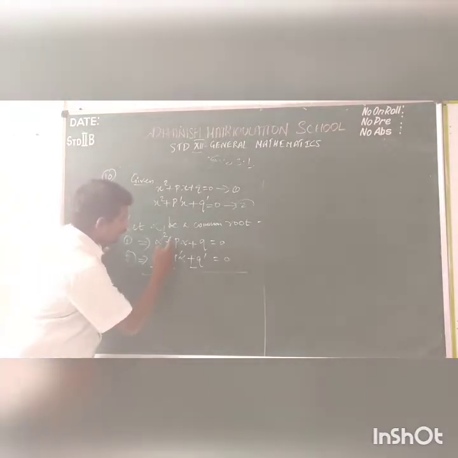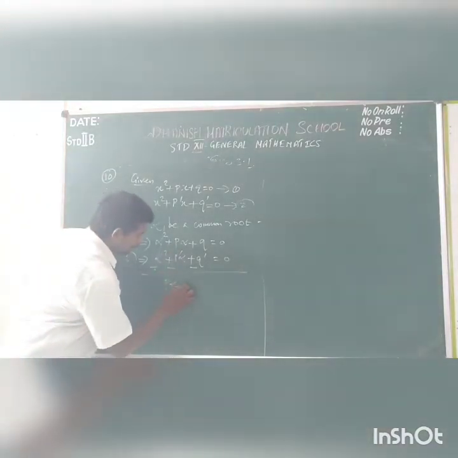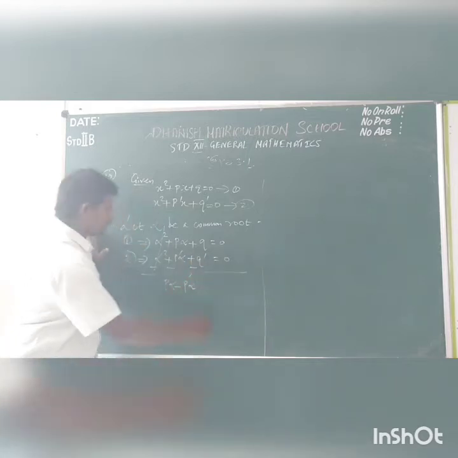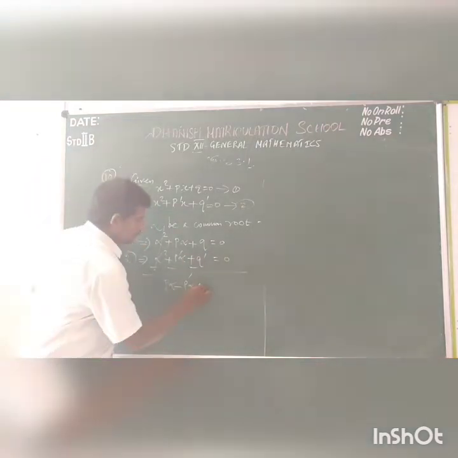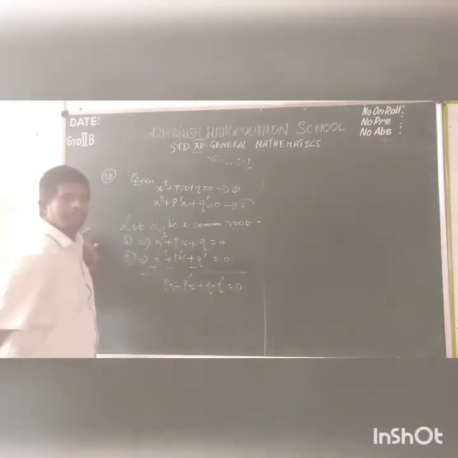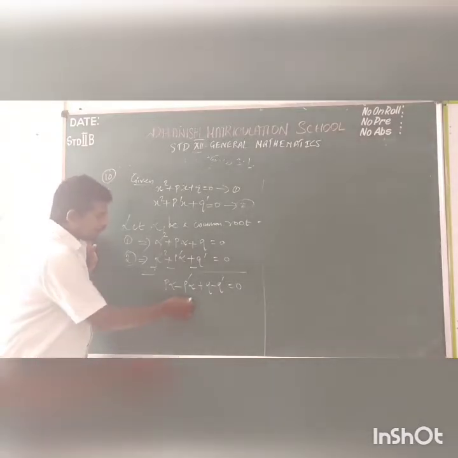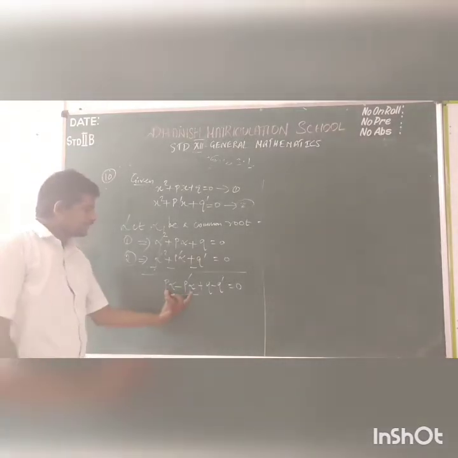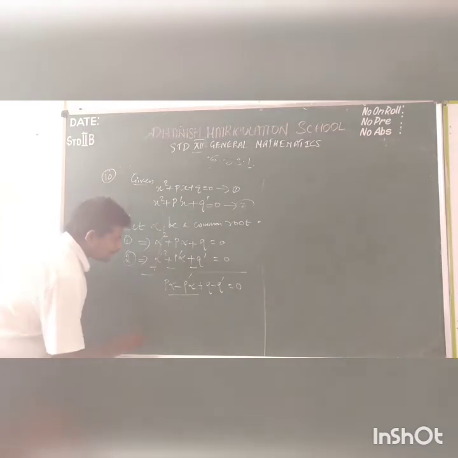What's the remaining? Here we are having p alpha minus p dash alpha plus q minus q dash equal to 0. Now look at the first two terms. From the first two terms, I'm going to take alpha as a common factor.